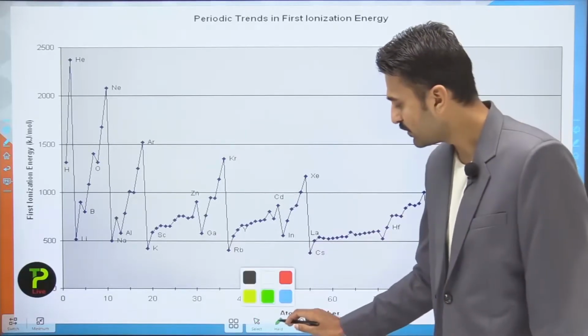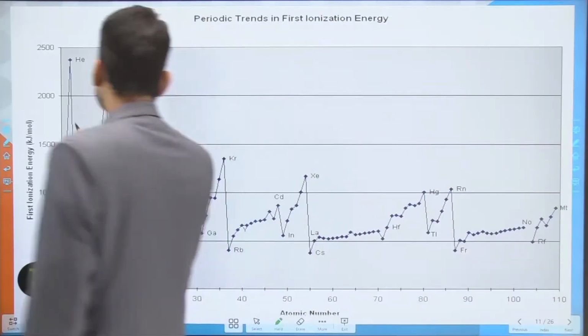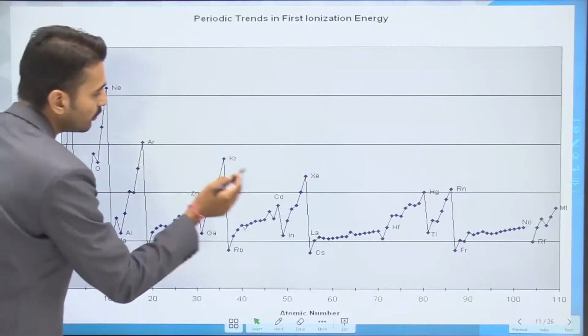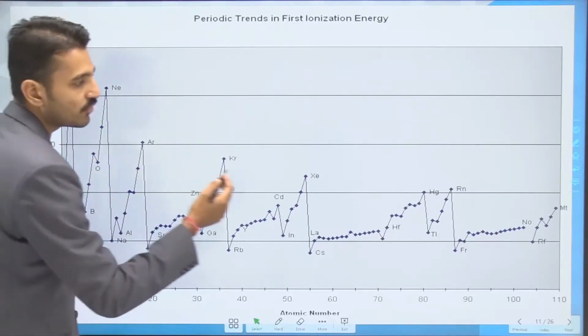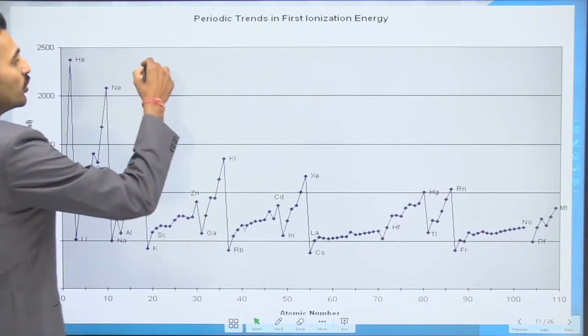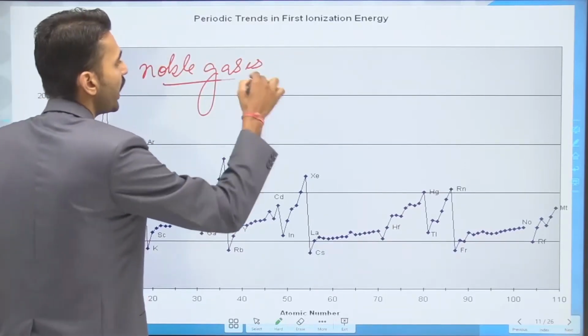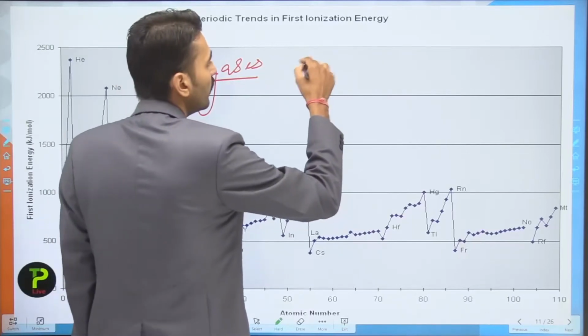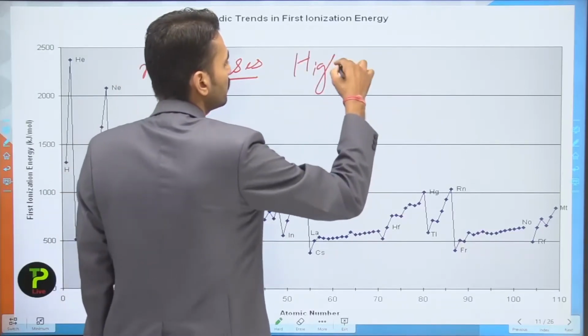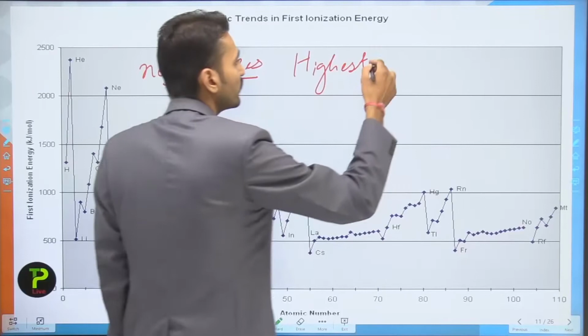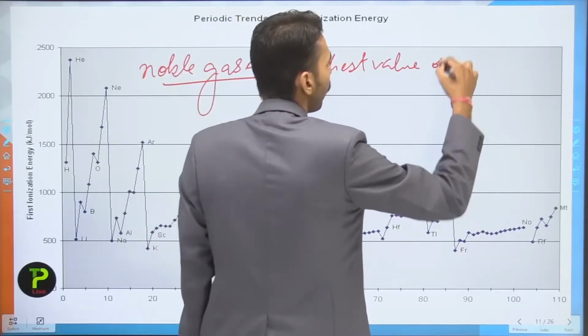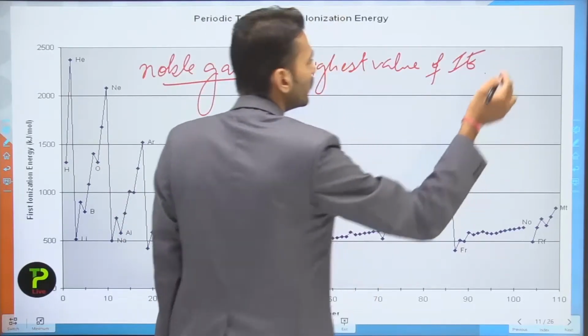Here, students, you can see that while moving down a particular group, the ionization energy keeps on decreasing, and the noble gases have the highest value of ionization energy. Why?